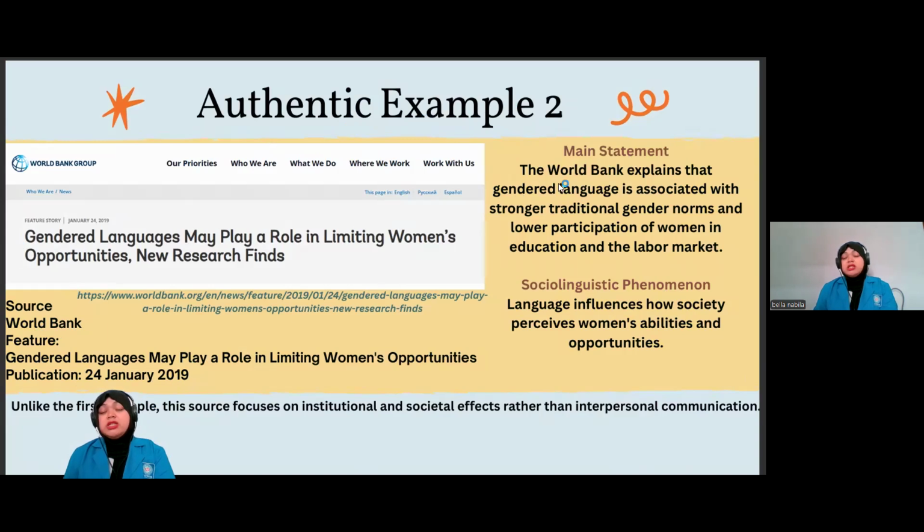The main statement is that the World Bank explained that gendered language is associated with stronger traditional gender norms and lower participation of women in education and the labor market. Sociolinguistic phenomenon: language influences how society perceives women's abilities and opportunities. Unlike the first example, this source focuses on institutional and societal effects rather than interpersonal communication.